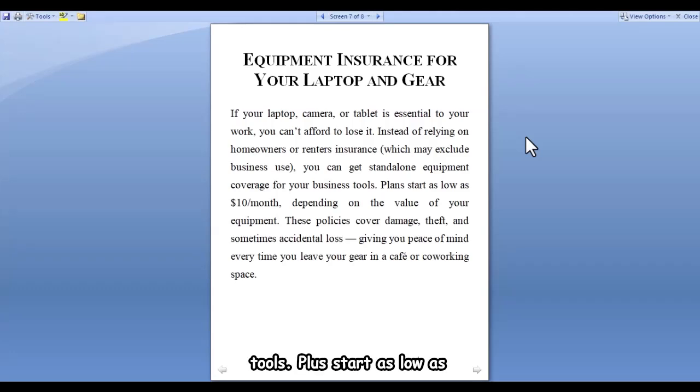Plans start as low as $10 monthly. Depending on the value of your equipment, these policies cover damage, theft, and sometimes accidental loss, giving you peace of mind every time you leave your gear in a cafe or co-working space. So now let's go to the last one.